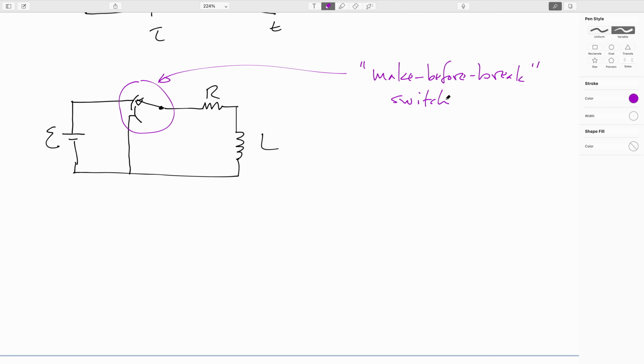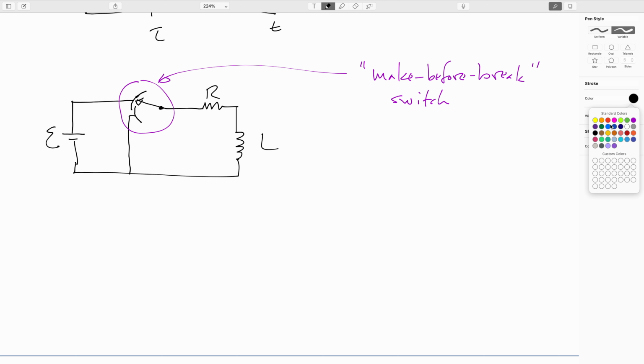With this circuit, it is vitally important, as in lives could be at stake, that you use what's called a make before break switch. In a make before break switch, it's exactly what the name implies.